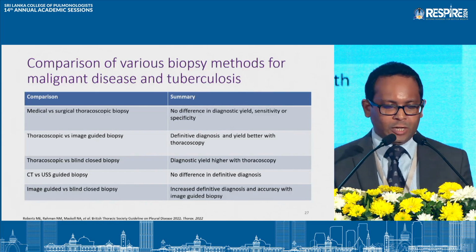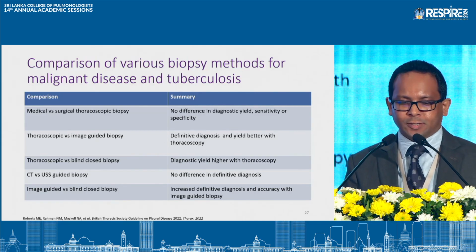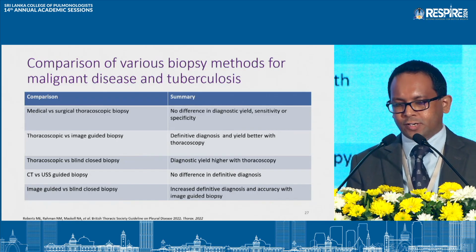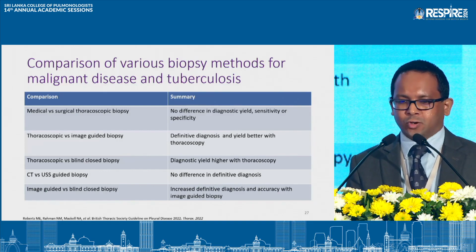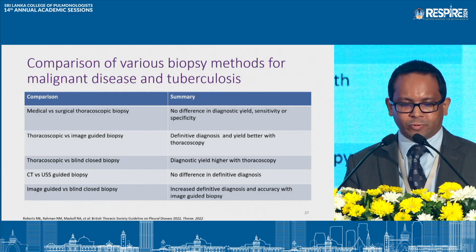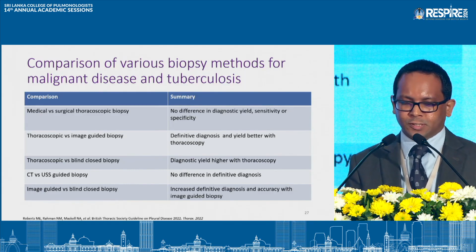When it comes to image-guided biopsies, both CT and ultrasound-guided biopsies, if the operator is experienced, there is no difference in obtaining definitive diagnosis, so either is fine, and it should be based on the operator, the radiologist concerned. And obviously, image-guided biopsy is better than blind closed biopsy.